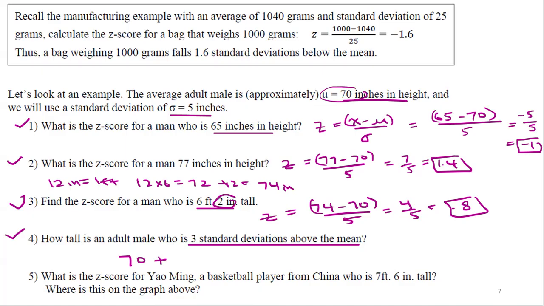One standard deviation above is 5 inches, 2 standard deviations above is another 5 inches, and 3 standard deviations above is another 5 inches. So when we add that, we get 70 plus 5, 75, 80, and then 85. So that would be 85 inches.